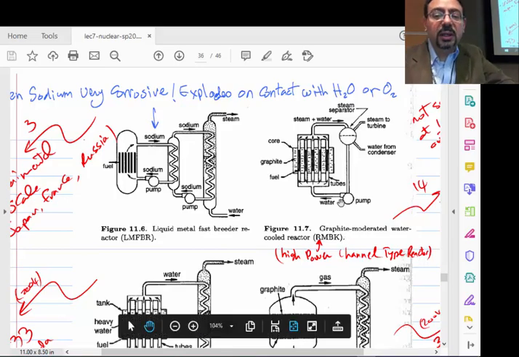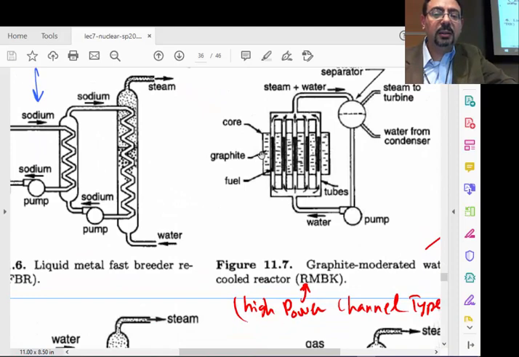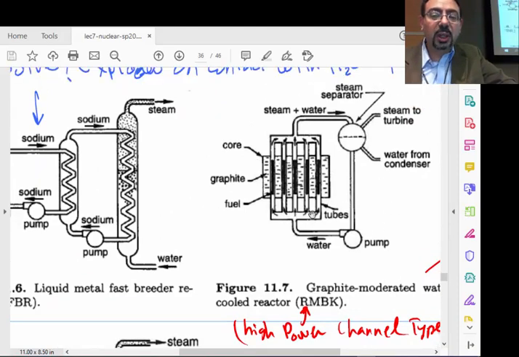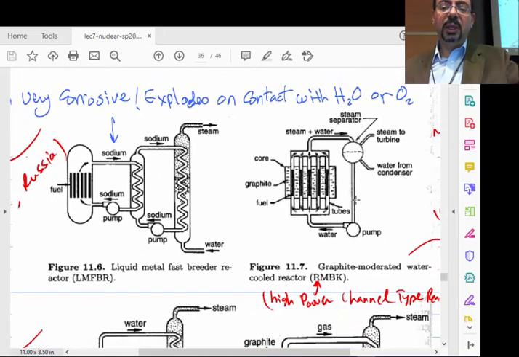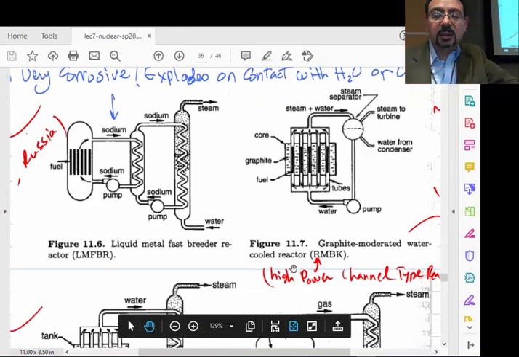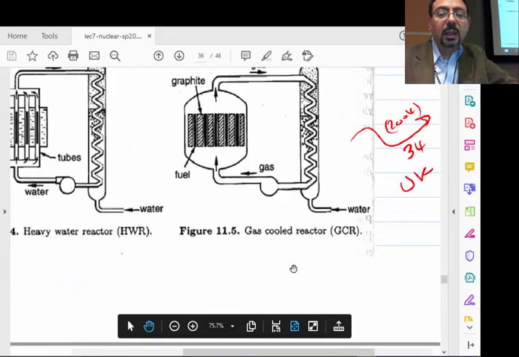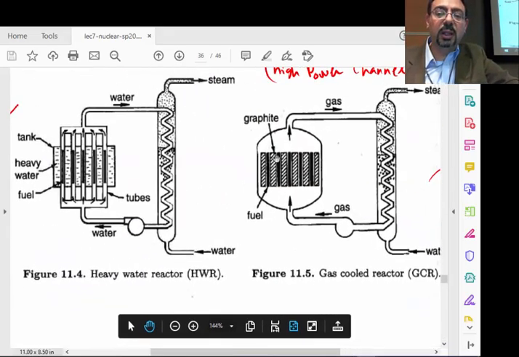And if you see graphite sitting in the reactor, so it's cooling with water, but around the fuel rod it has graphite everywhere as a moderator, right? So this would be a graphite moderated water cooled reactor. Okay, you see gas going on and graphite, this would be gas cooled, right?